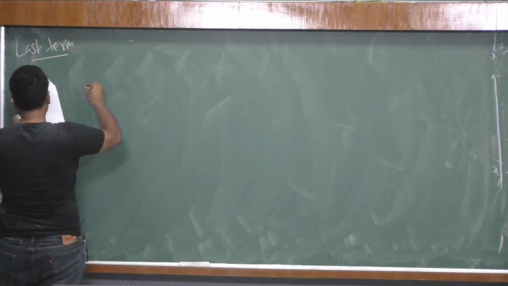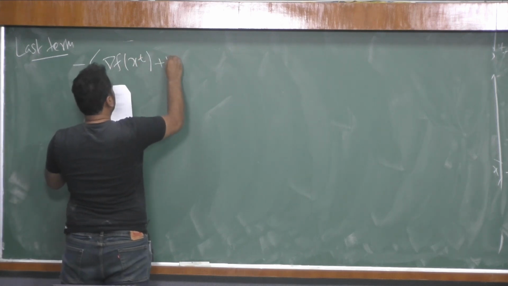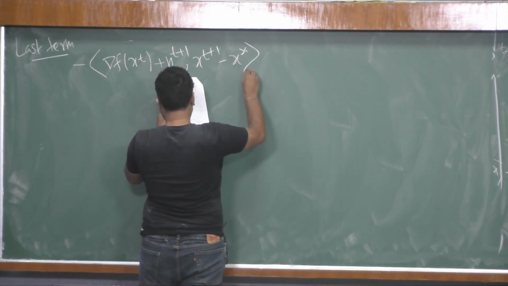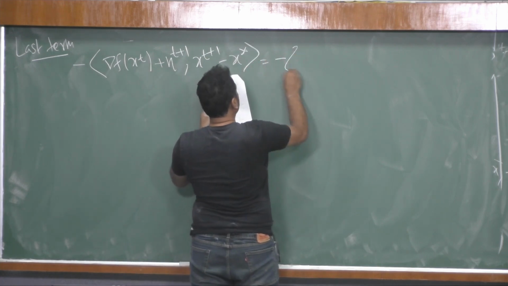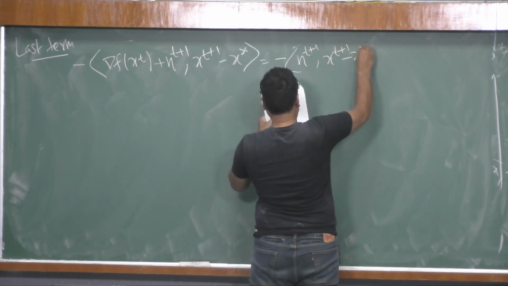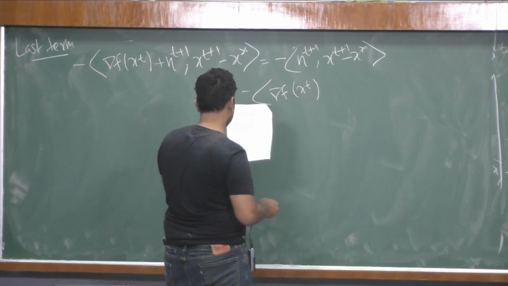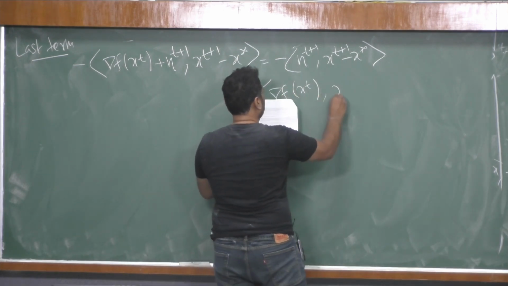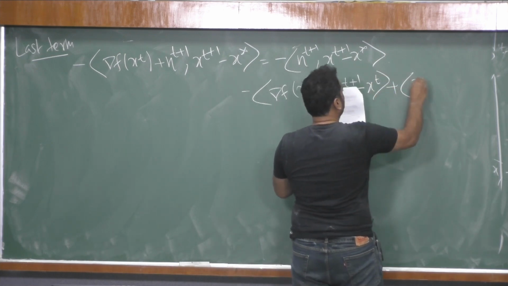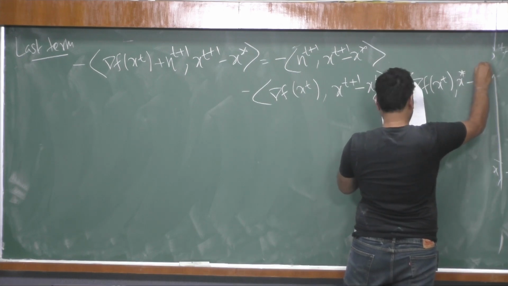in the last term what we have is minus grad f(xt) plus eta_{t+1}, x_{t+1} minus x star. This is equal to minus eta_{t+1} and x_{t+1} minus x star, and minus grad f(xt) and x_{t+1} minus xt, and plus grad f(xt) and x star minus xt, right.